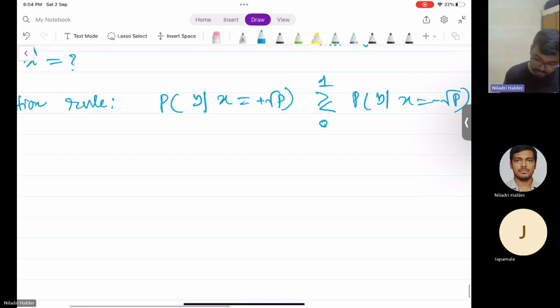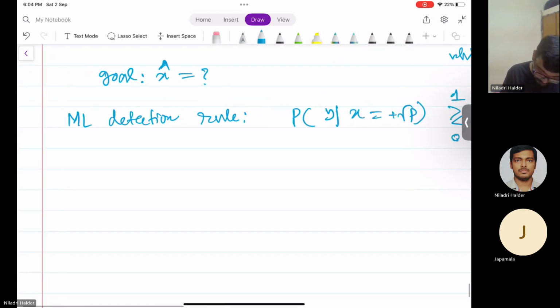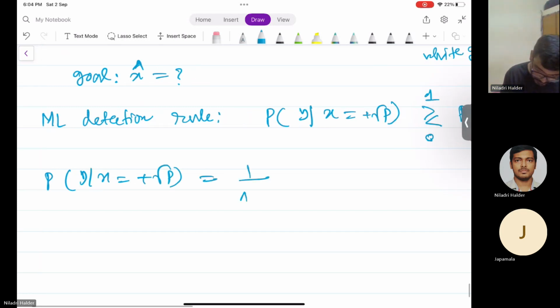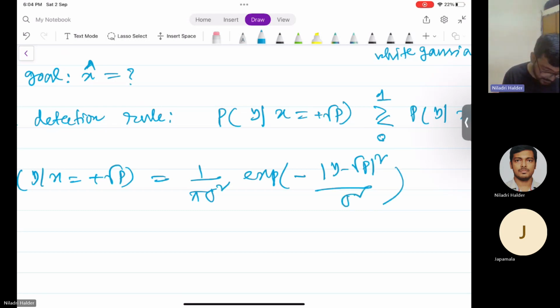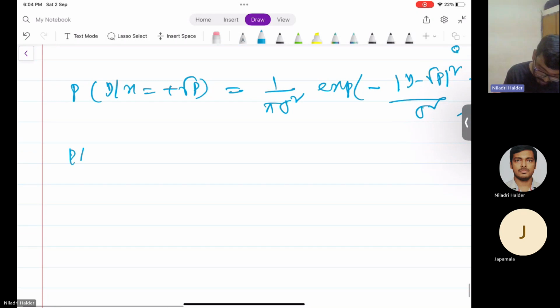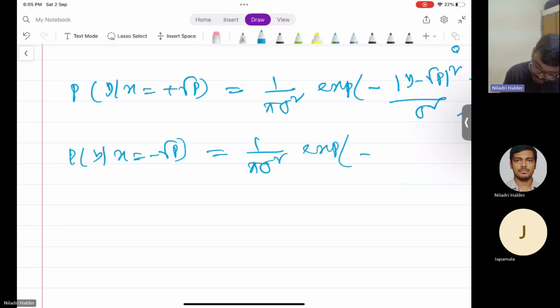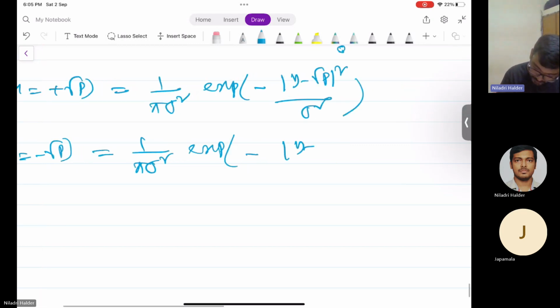Now the p of y given x equal to plus root P is equal to 1 by pi sigma square exponential of minus |y minus root P| by sigma square, and this p of y given x equal to minus root P is equal to 1 by pi sigma square exponential of minus |y plus root P| by sigma square.